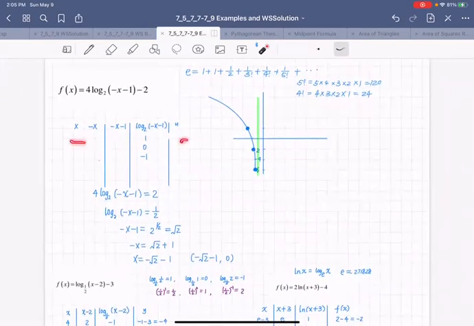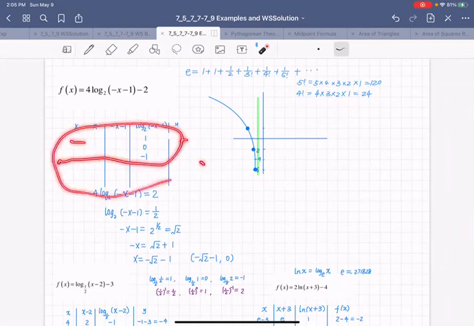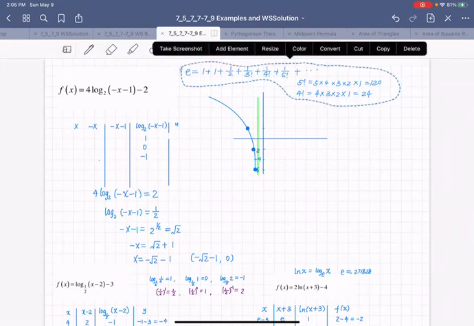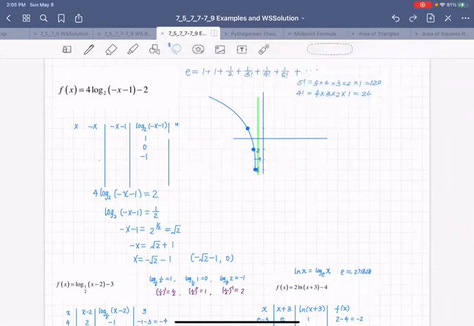So has anybody finished this part? Only 2 students get it. Only 2 students can find the 3 points. Eric, that's just 1 point.